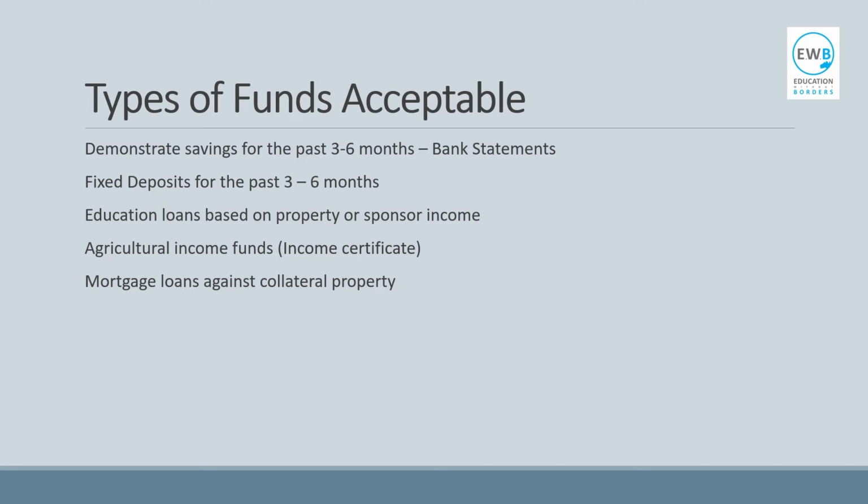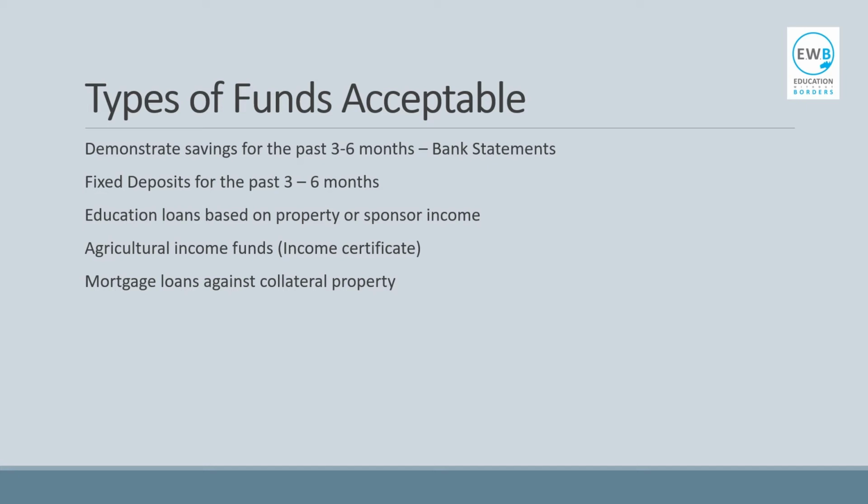And if you do happen to take out any education loans based on property or sponsored income, you may need to provide these documents as well. For some countries, you may have access to agricultural income funds, so you may need to provide an income certificate.